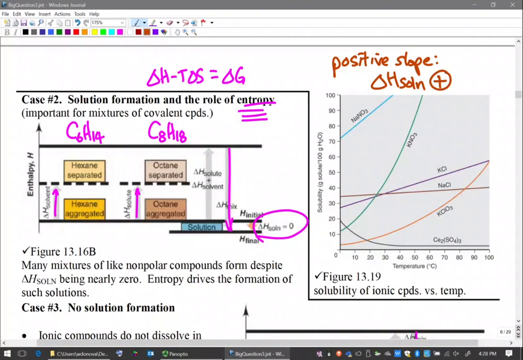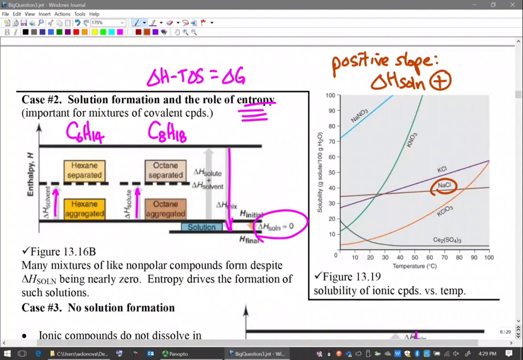You dissolve more. So all of the substances there that have a positive sloping curve have an endothermic heat of solution. The one that we already saw was NaCl. It was endothermic, but not by much. It was like 4 kilojoules. That was it. And notice the line is almost flat. It's barely positively sloping, which goes with the fact that it's got a barely positive heat of solution.